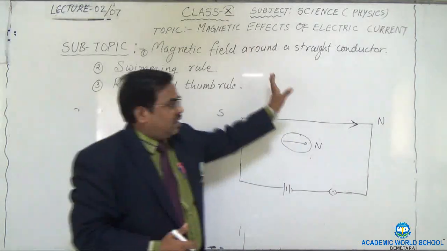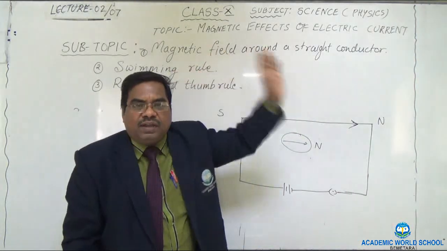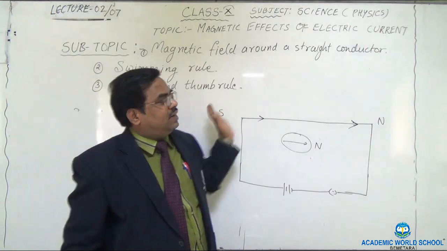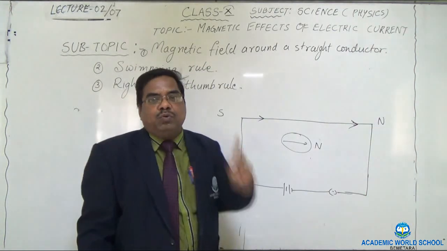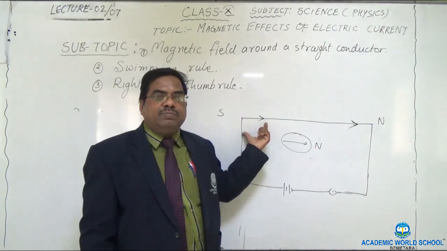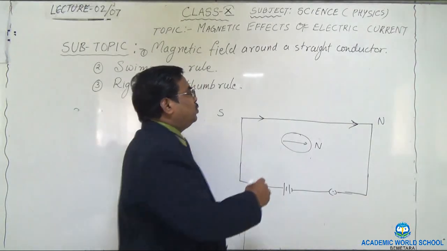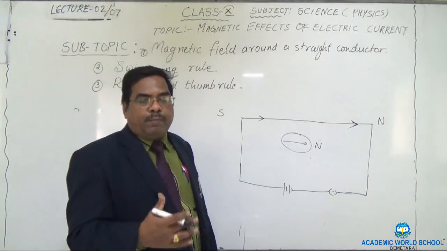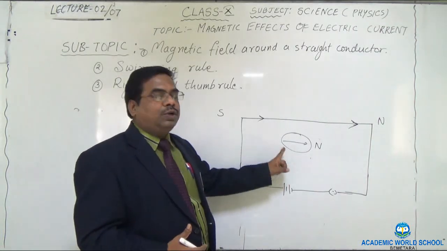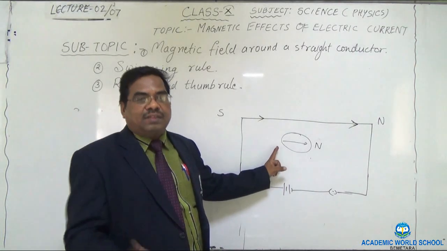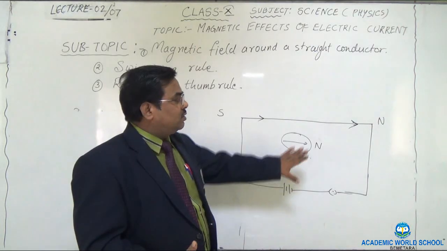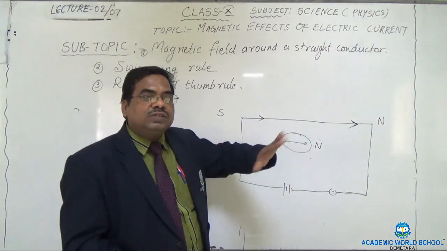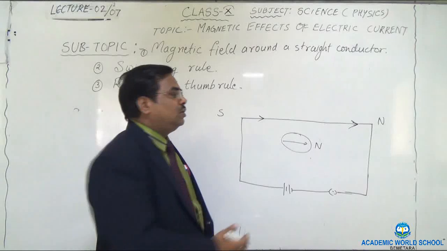Now, the actual magnetic field, the magnetic field of Earth is in the direction south to north. You have made one more arrangement of this experiment. Due to that, there will be an additional, one extra magnetic field which is going to influence the Earth magnetic field, and this compass will change its position.